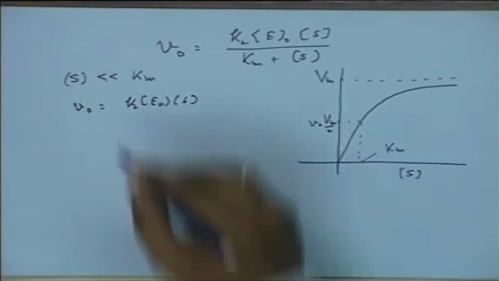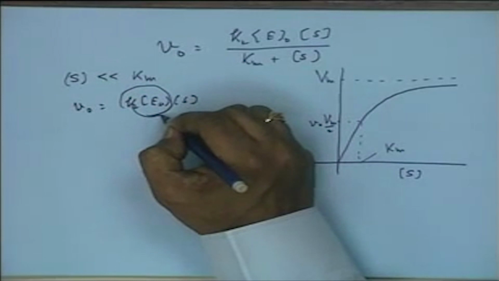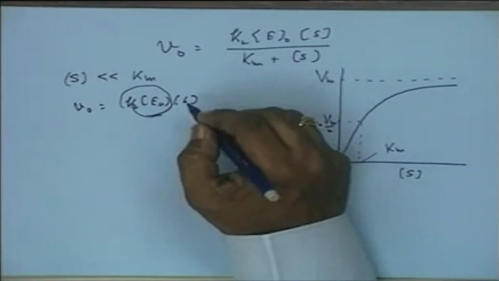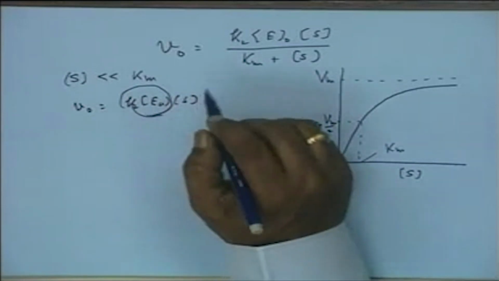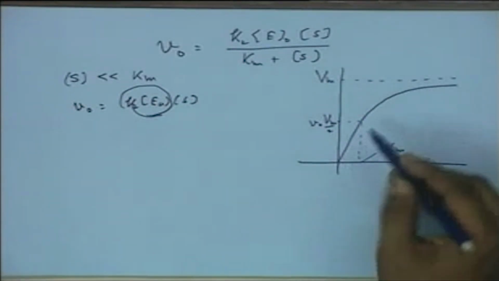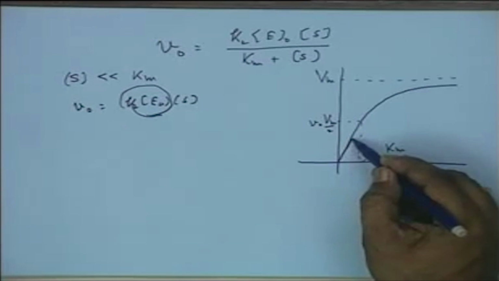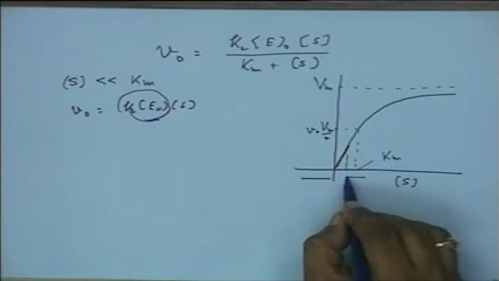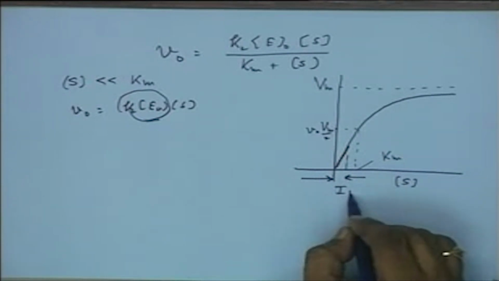Because K2 E0 is a constant at a given enzyme concentration and substrate concentration is a variable, it becomes first order kinetics, and that is the portion represented by this initial area, first order kinetics.